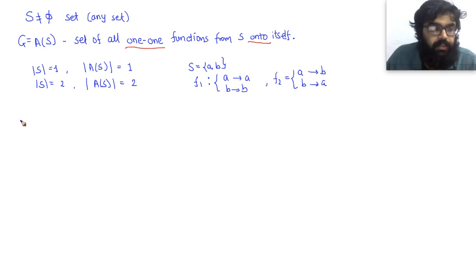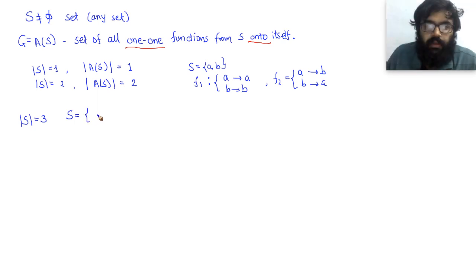Now this interesting problem, which we saw last time. This video is in advance, so pardon me for that. When the cardinality of S equals 3, suppose S is this set.